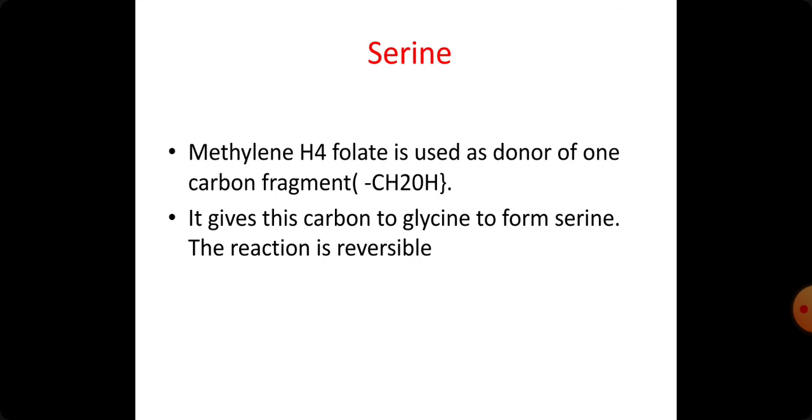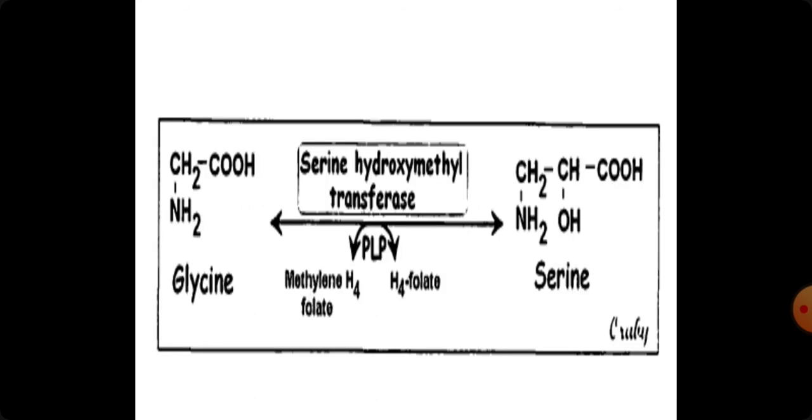Now next is formation of serine from glycine. Methylene tetrahydrofolate is used as a donor of one carbon fragment. It gives this carbon to glycine to form serine. The reaction is reversible. So here glycine on the left side will be converted into serine on the right side.